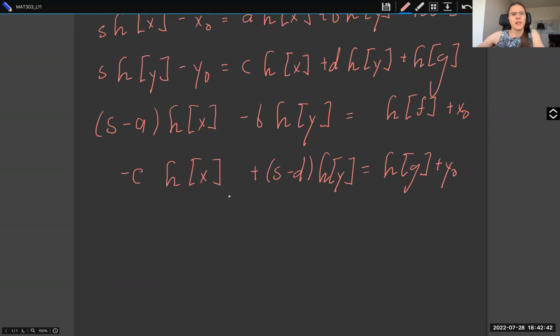Then what we get as a result is that s times the identity minus A times the Laplace transform of the vector x, so this is the Laplace transform of x and the Laplace transform of y as its two components, is equal to the Laplace transform of vector f plus x naught.